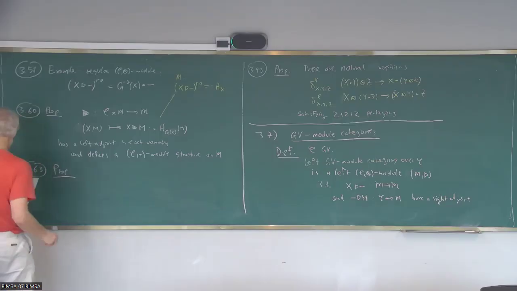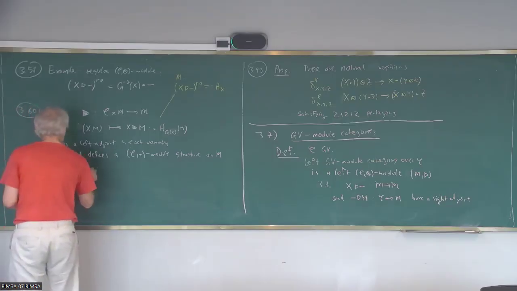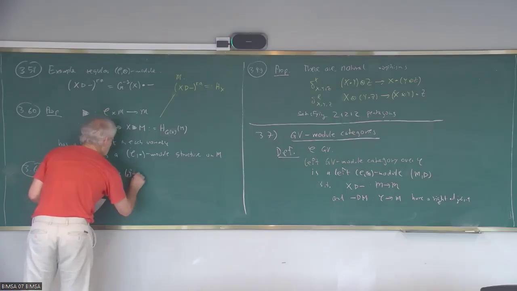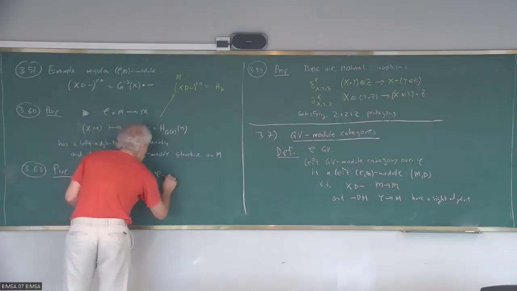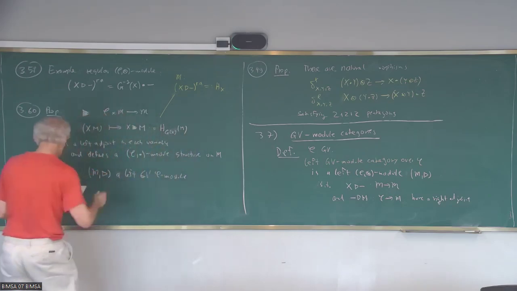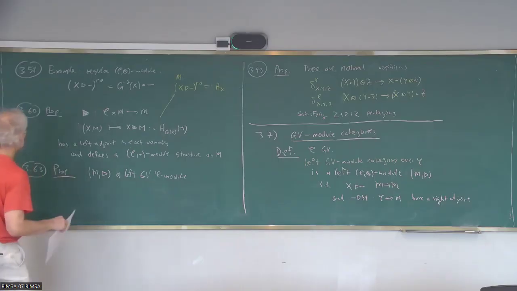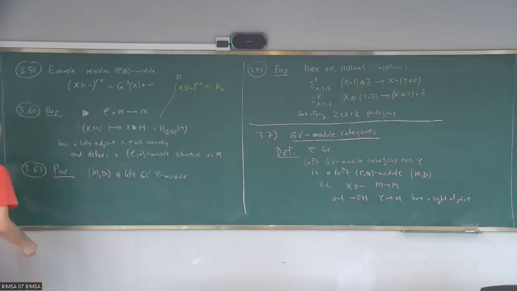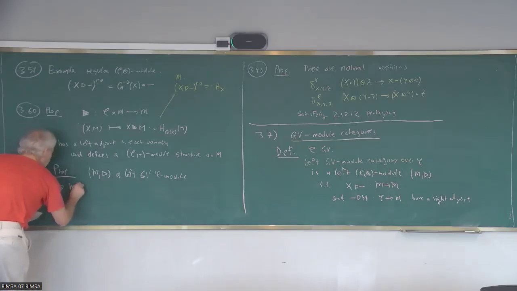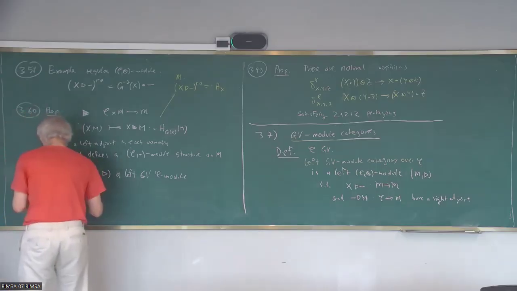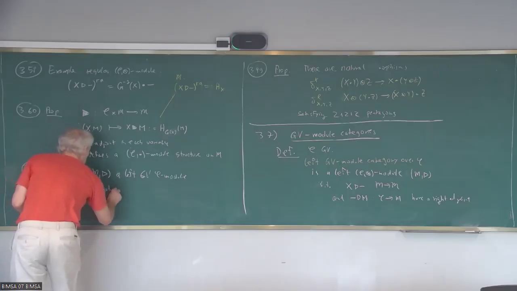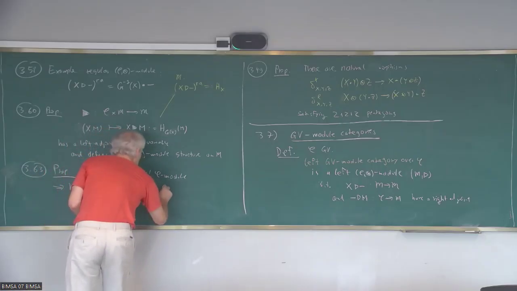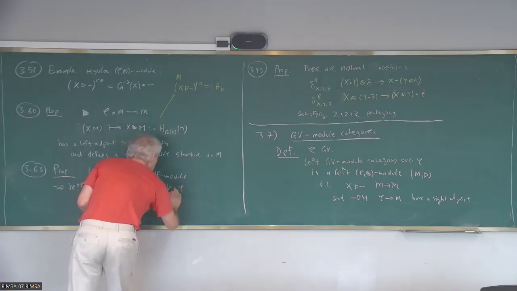Using this, one gets the following. We assume that M is a left GV C module, where C is a non-invertible category, and we take M with this action as just defined. Then M op is naturally a right GV C module.